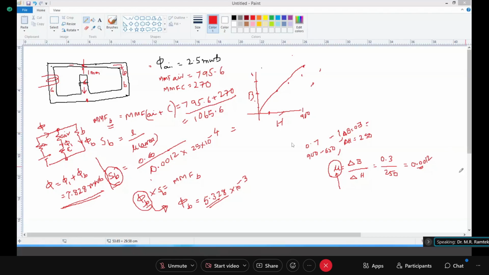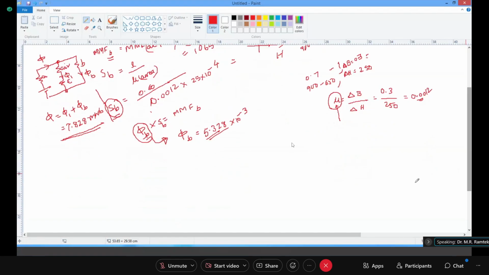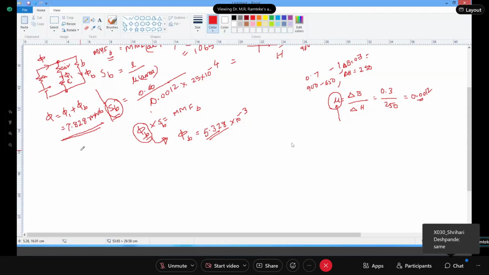Now you got the value of total phi. As you know, path A and path B are of the same material and have identical geometry and dimensions.